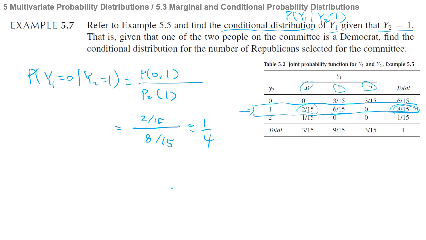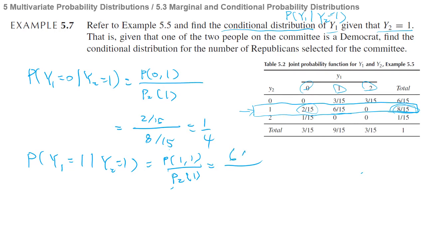And what about y1 equals 1 given y2 equals 1? This is p(1, 1) divided by p2(1), which is 6 over 15 divided by 8 over 15, which is 3 over 4.